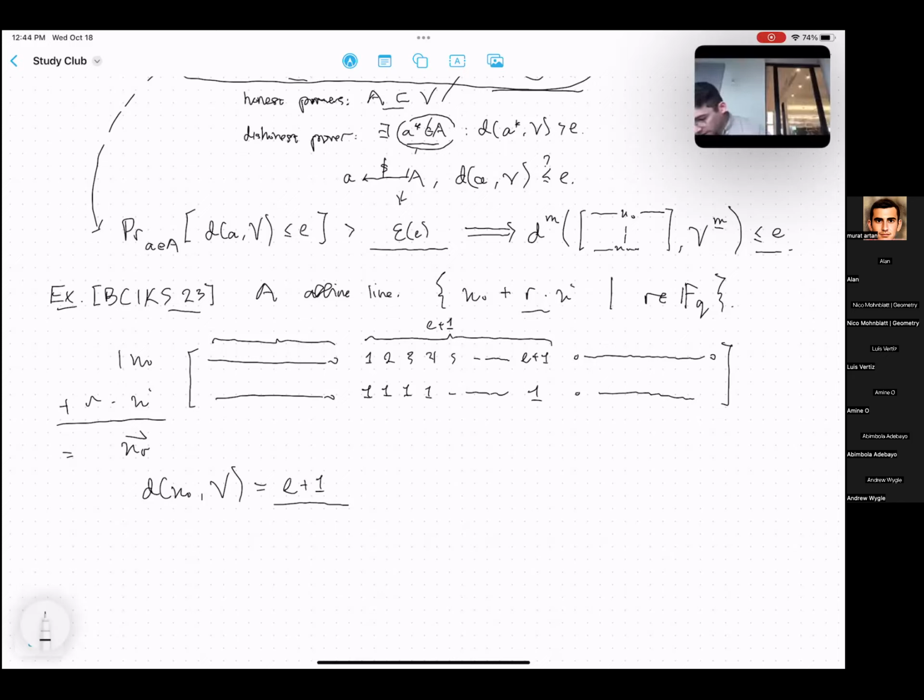It could be less, but naively it's E plus 1. You technically need to argue that maybe there's some other code word. Maybe you can say your thought process. Yeah, I assume that all zero is definitely a code word, and this clearly has Hamming distance exactly E plus 1 from the all zeros term. Yes, exactly. So zero is a code word. Why? Because it's a linear code. And moreover, this thing has distance exactly E plus 1.